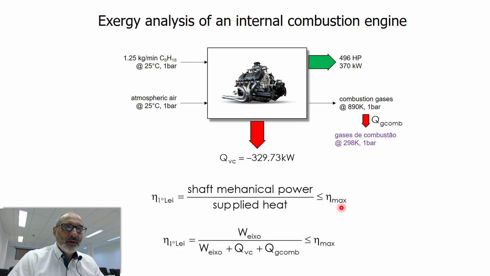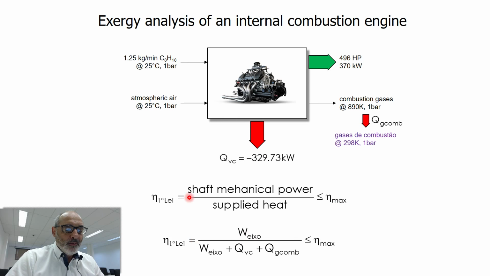And we know due to the second law of thermodynamics that it's less or equal to the maximum efficiency, which is the efficiency of a reversible cycle here. So if we had a Stirling cycle, this efficiency is the maximum efficiency.